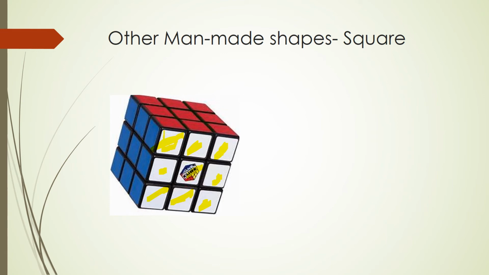Can you identify any other square on this Rubik's Cube? Let me give you a second to think about it. Use your finger to touch the screen and draw along the outline of the square. I'm waiting for you to do this.